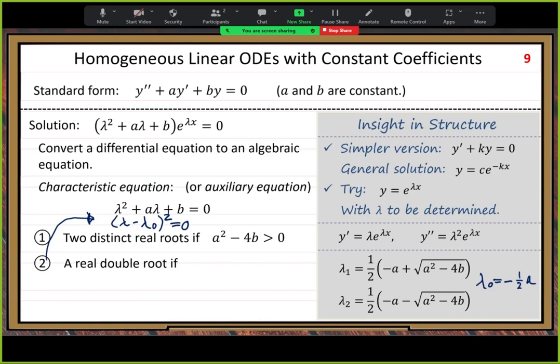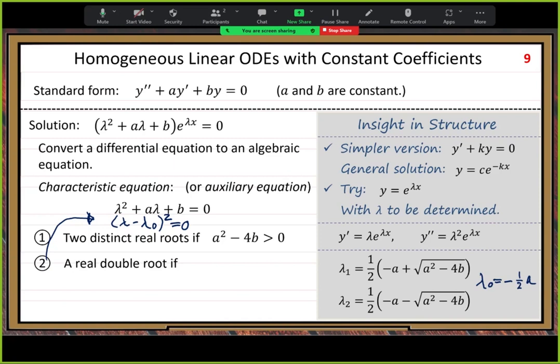The substitution. What's the name of the technique? There is a name for this whole technique. Yes, reduction of order. Can you apply reduction of order to find the second solution?